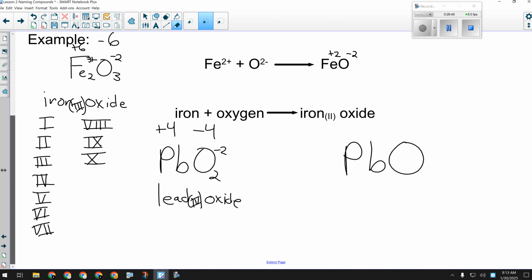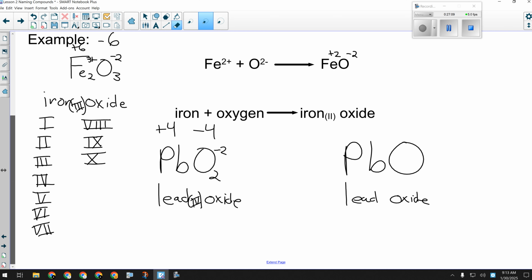Okay, can't have the same name, but contains the same stuff. We would start this out by writing it out like it was a normal ionic compound. Name of the metal, name of the non-metal ending in -ide. Then I look at my periodic table. Do I need Roman numerals? Yes, I do, because it's a 2 or a 4.